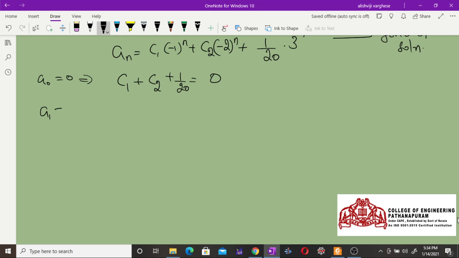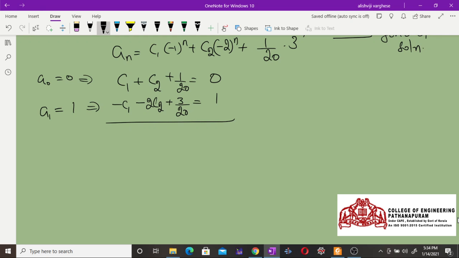Then a1 is equal to 1. That means when we substitute n is equal to 1, we have minus c1 minus 2c2 plus 3 by 20 is equal to 1.